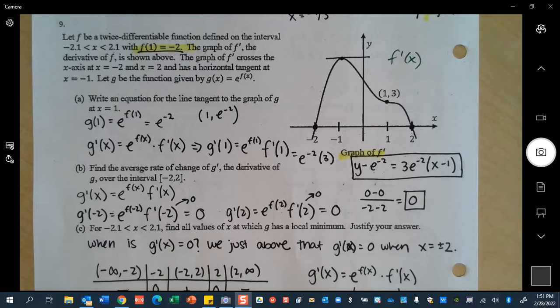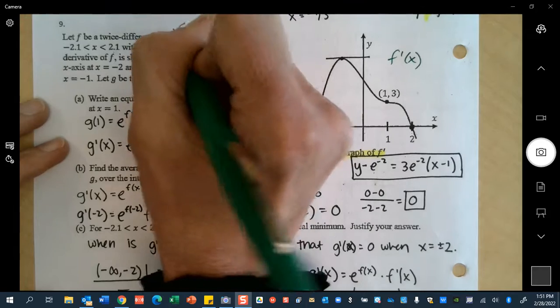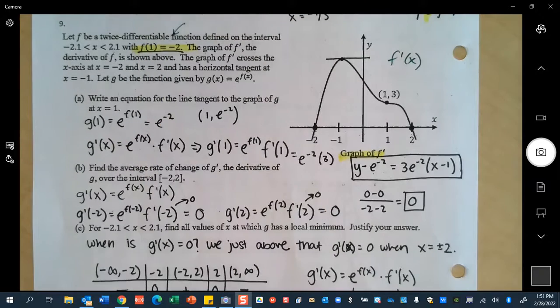My derivative crosses the x-axis at negative 2 and 2 and has a horizontal tangent at negative 1. So I know that my f function has a horizontal tangent at 2 and negative 2.